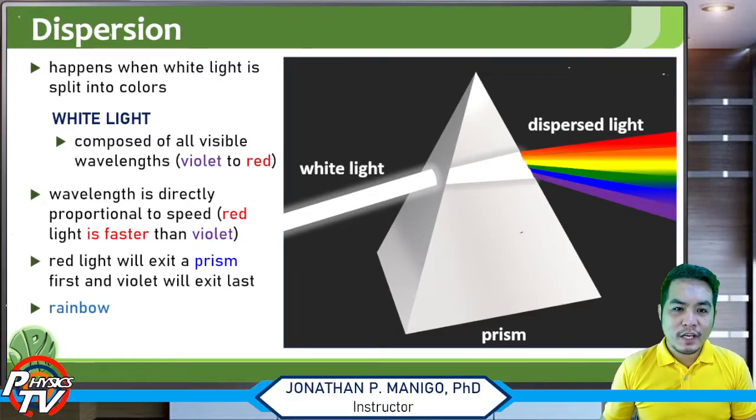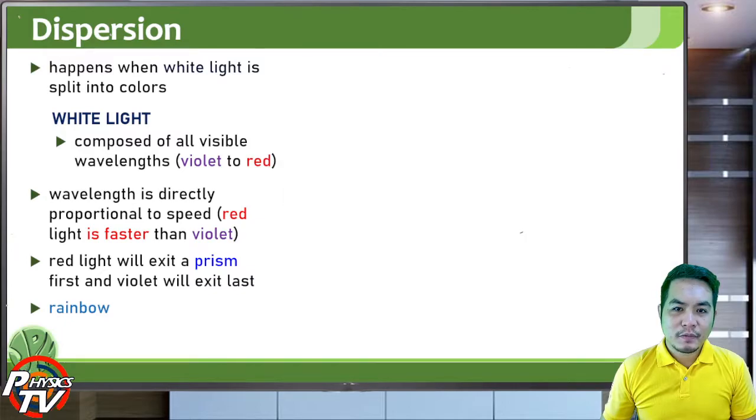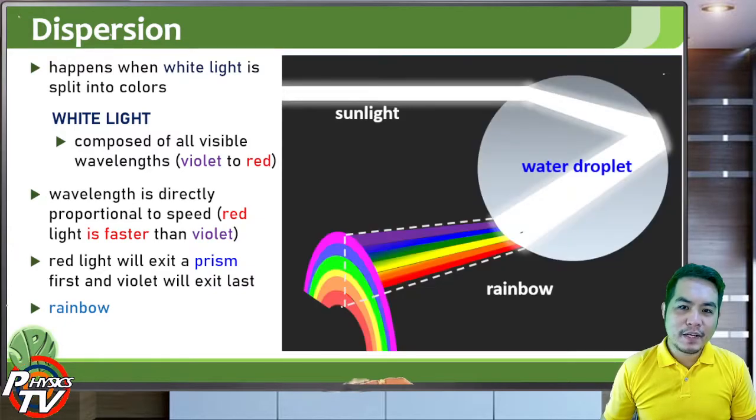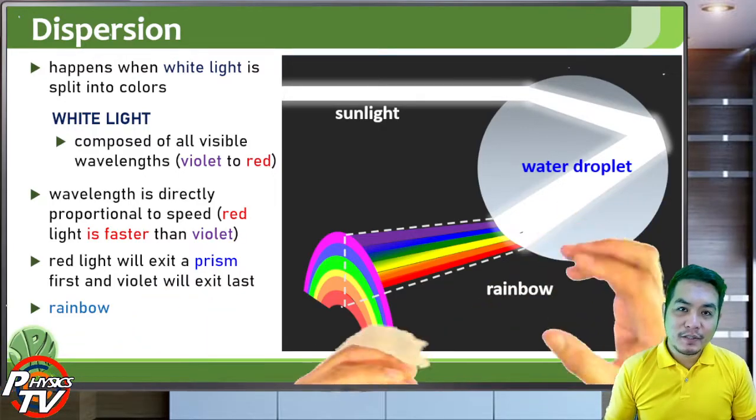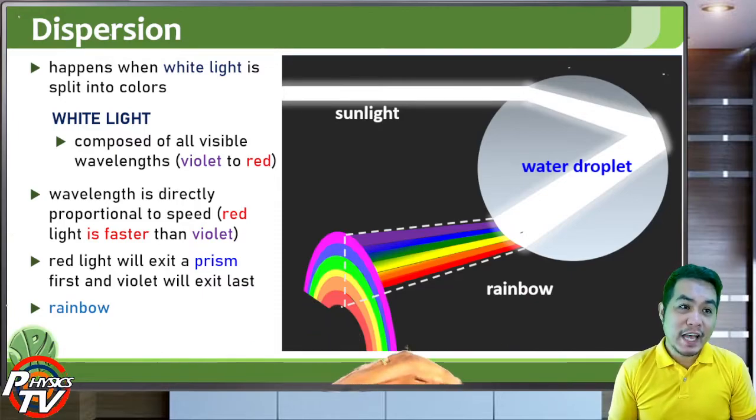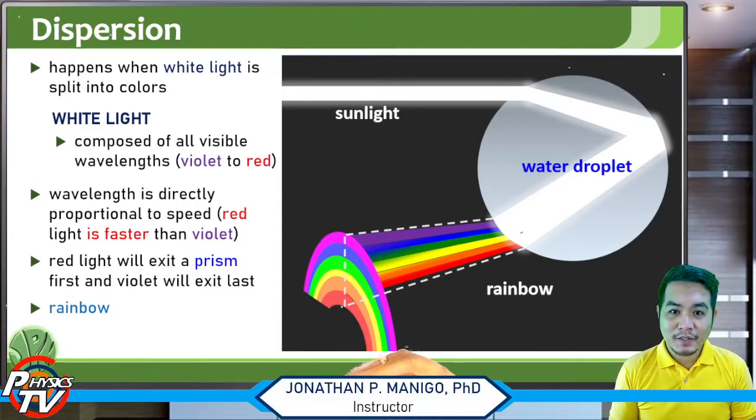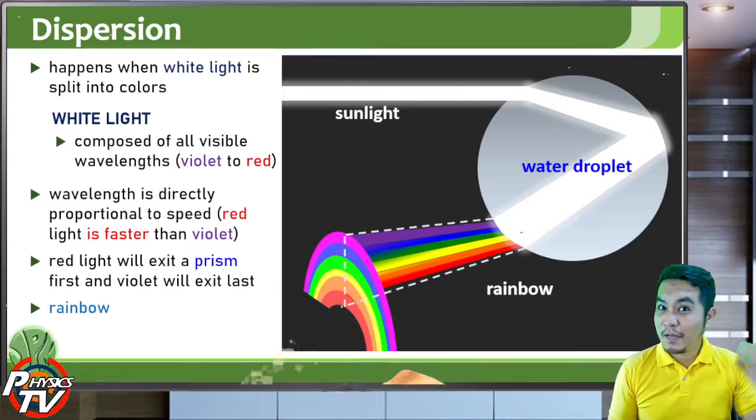A rainbow happens when sunlight, white light, hits a water droplet. Sometimes rainbows can be seen after a rain. In order to see a rainbow, there must be sunlight behind you.